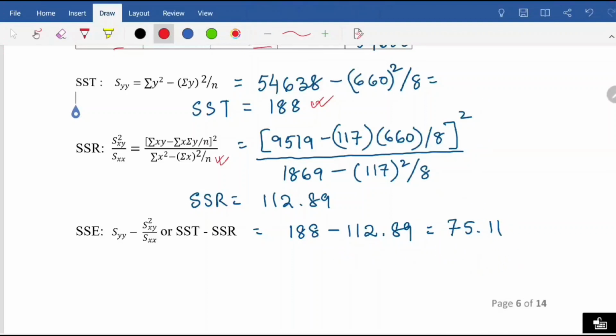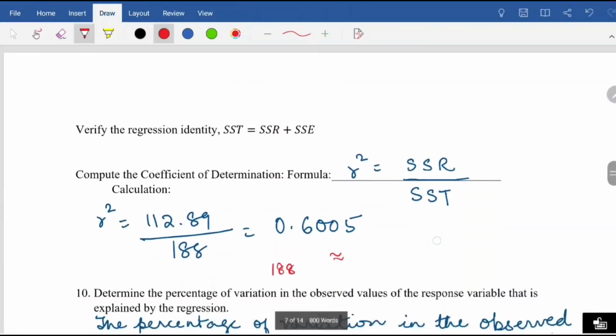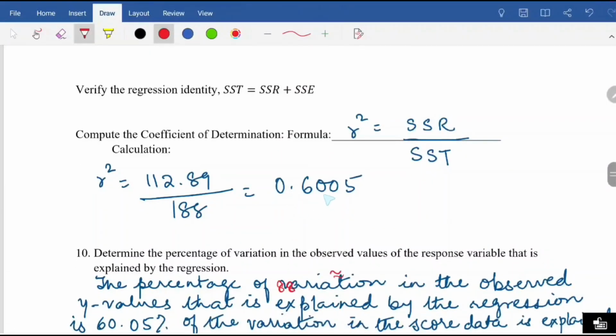And for the coefficient of determination, what's the formula for that? It's R squared equals SSR divided by SST. So just plug in your value for SSR, which is 112.89, divided by 188, which should give you your R squared value, which is, as we've done here, 0.6005.